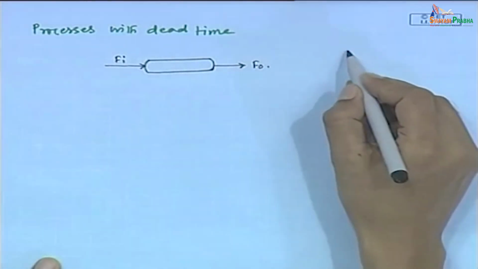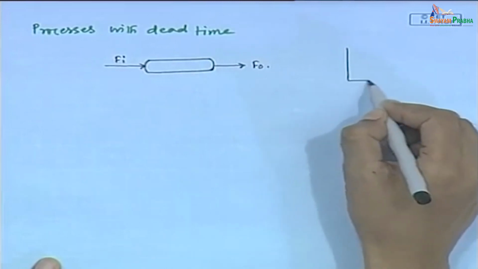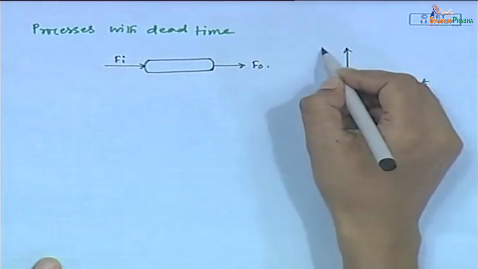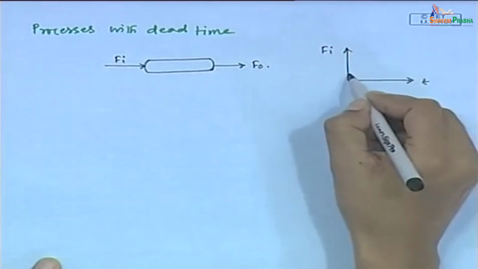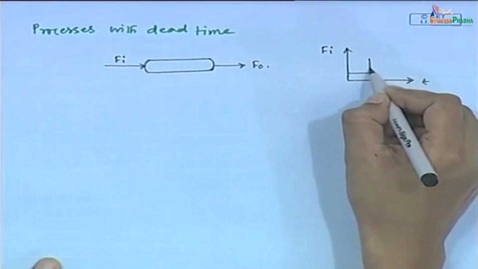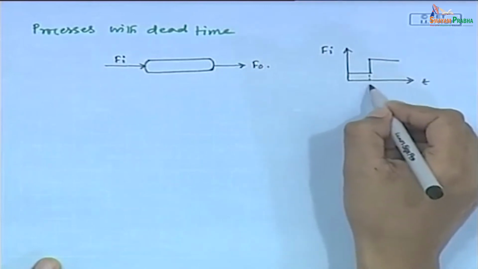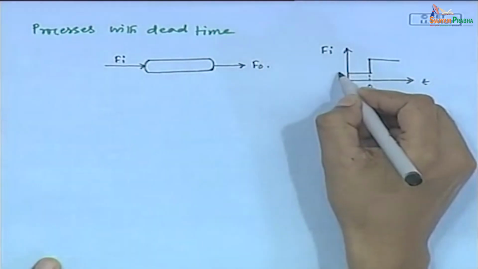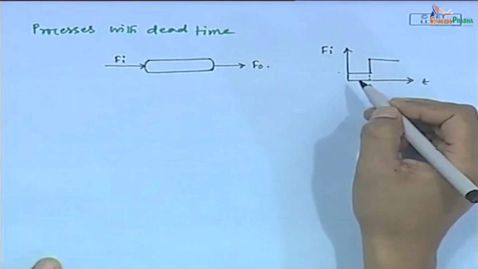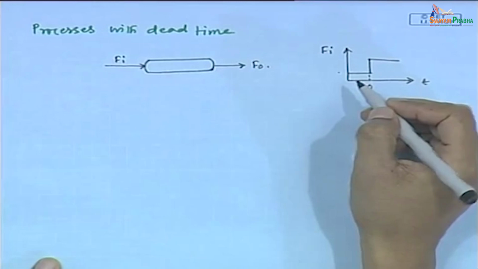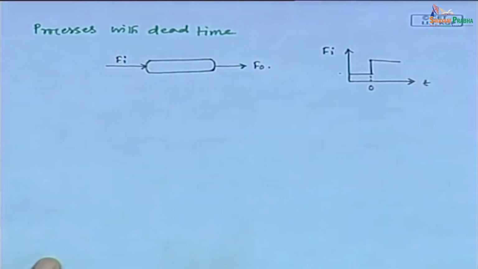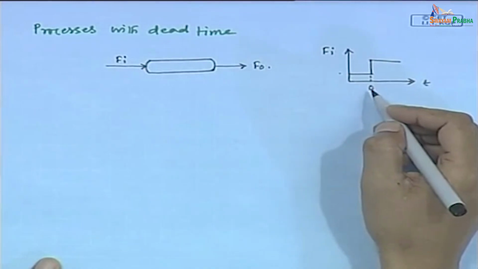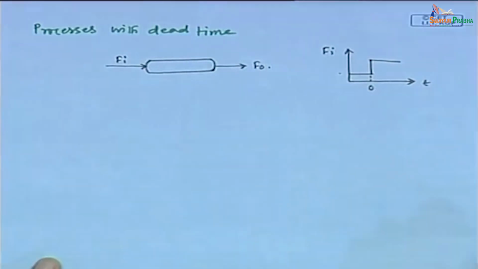Suppose we are introducing a step change in Fi at time t equals 0. Initially it is at steady state, I mean there was no change of flow rate with time. Now we are introducing a step change in Fi.